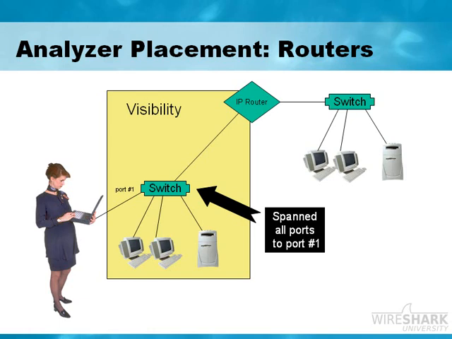But if there are intra-network communications on network 10.2, where a client on network 10.2 is talking to a server on network 10.2, that router will not forward that traffic down towards our switch that's spanned. So in that case, we have to move the analyzer so that we're on the right network to listen in on that traffic.